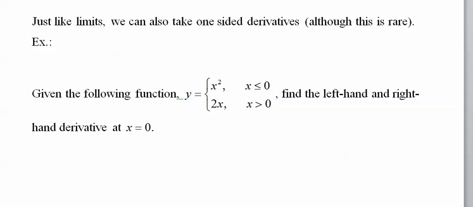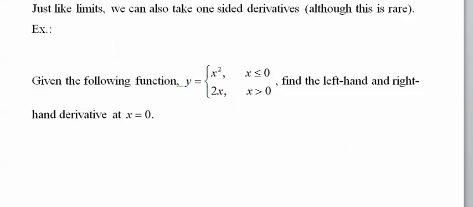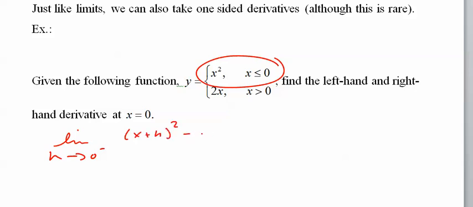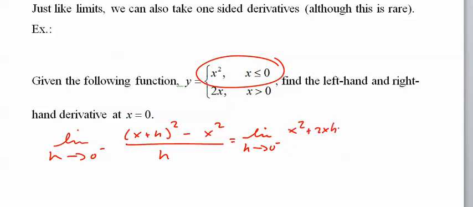And last but not least, we talk about one-sided derivatives, which really is annoying. It writes out just like the limits we've done before. Limit as h approaches 0 from the negative side, so that means I'm working here, of x plus h squared minus x squared over h is x squared plus 2xh plus h squared minus x squared all over h.